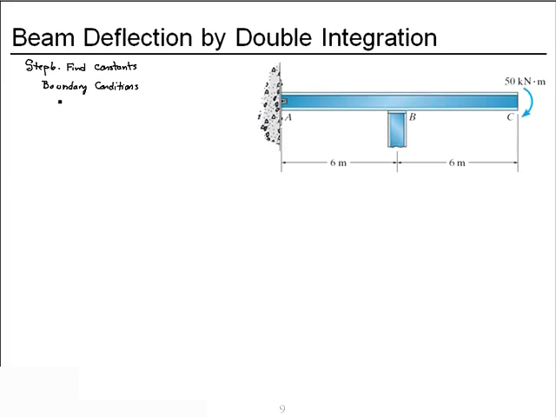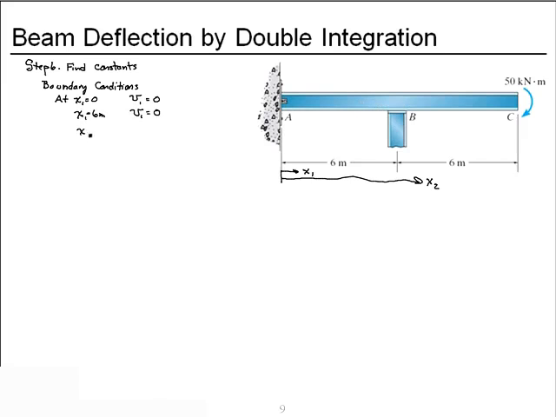And our boundary conditions include, at x1 equals 0, remember this is x1, and this is x2. At x1 equals 0, the vertical deflection is 0 because it's a pin support. At x1 equals 6 meters, the vertical deflection is 0 because it's a roller support.